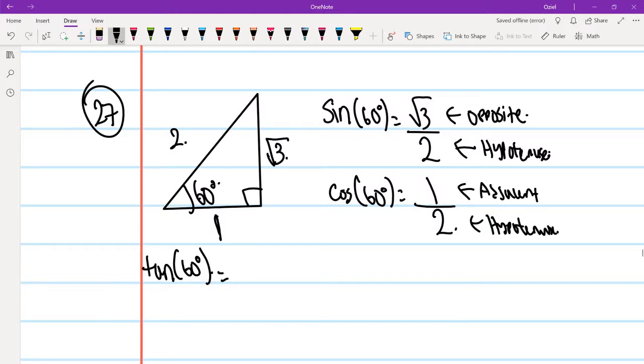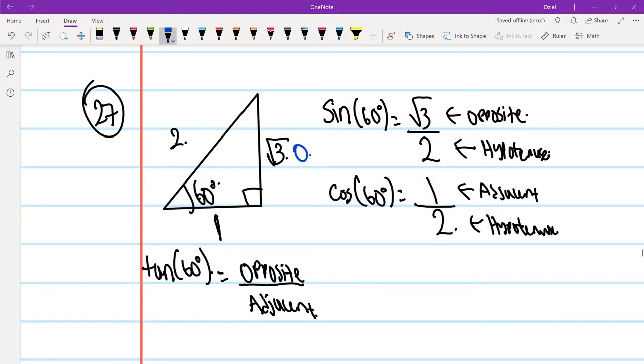So tangent of 60 degrees is going to be opposite over adjacent. And if you know how to label your sides, I'm going to go through that again. You would look at your 60 degrees and you would say, what's opposite of that? Well, it's the square root of 3.